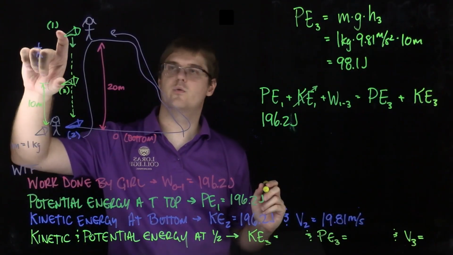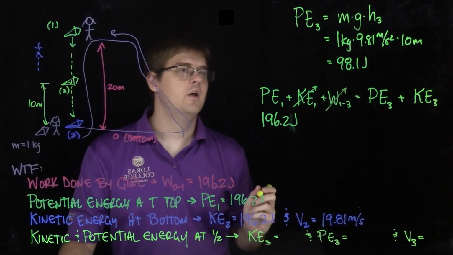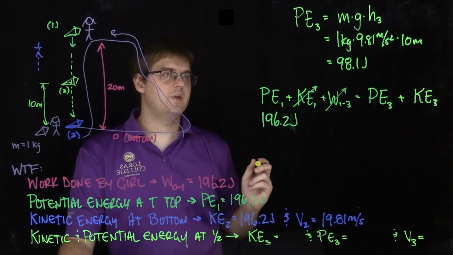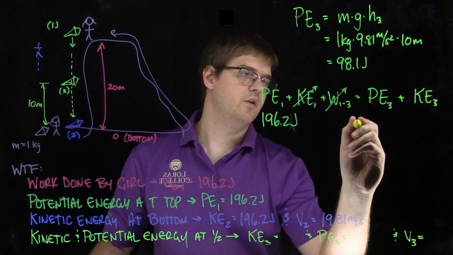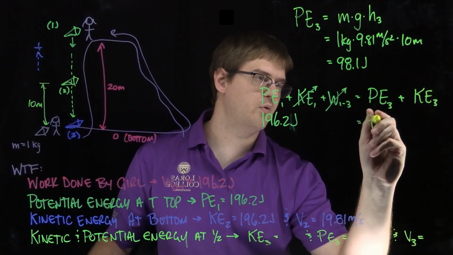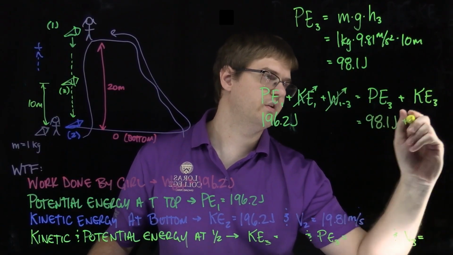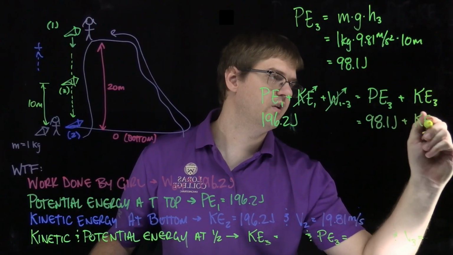Work between 1 and 3. There's no forces acting on it there other than gravity. Potential energy at 3, I've got that right there, 98.1 joules, plus kinetic energy at 3.